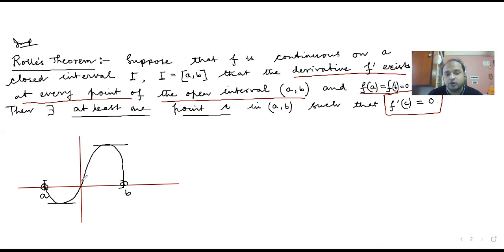Both values are 0. So this particular curve satisfies the characteristics of Rolle's theorem, and therefore we can get two extremities, this and this, that is f(c') and f(c). This is c and that is c'.